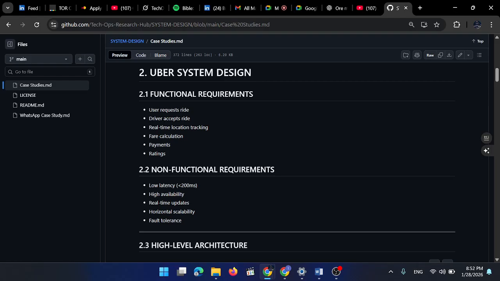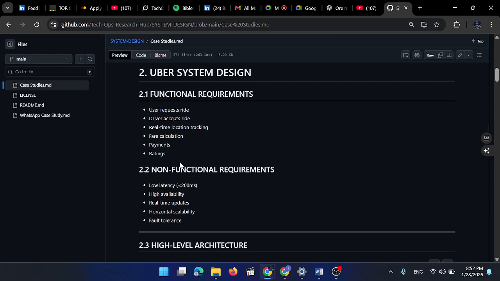And then we're talking about fare calculation. Fare calculation means how much it will take to move from point A to B, from here to there. And then payments, which are also very important. And then the ratings for the driver is important. This is actually very good for the user. So these are just some of the functional requirements for our Uber system design.